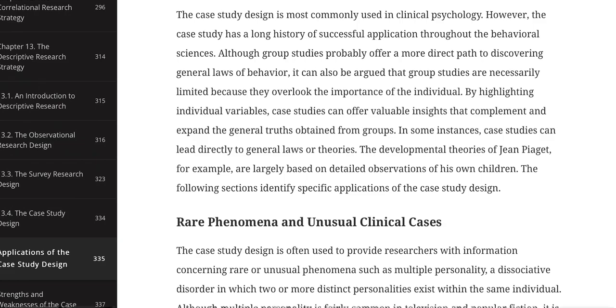It may introduce something that we didn't realize before, that we need to study more, and we can study that individually, but then we can go on to study it in a group as well. The two together can provide lots of detailed information that we didn't know before. The example they give is, of course, Piaget, because his developmental psychology work, which is considered fundamental now, started largely based on his detailed observations of his own children.